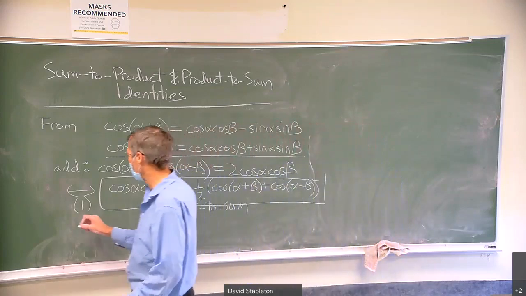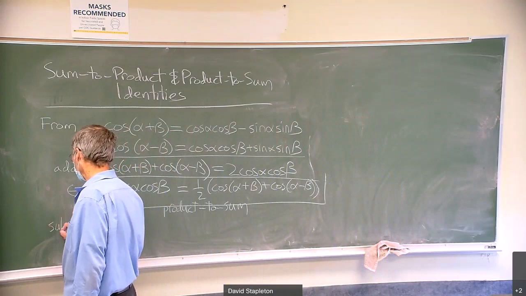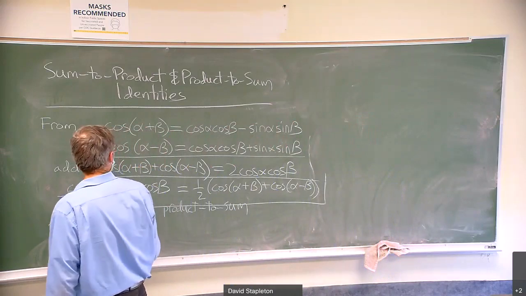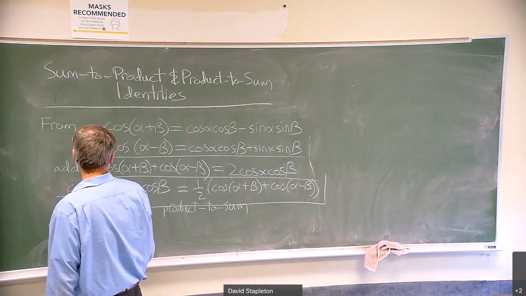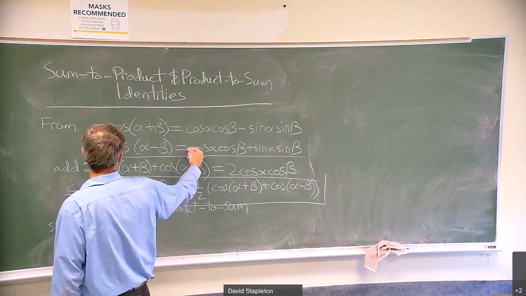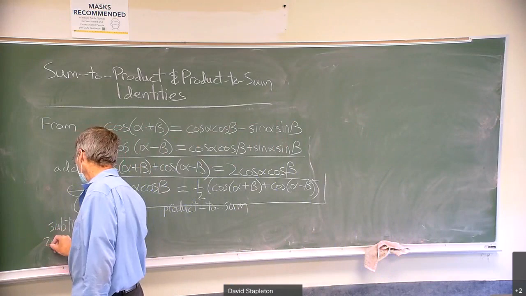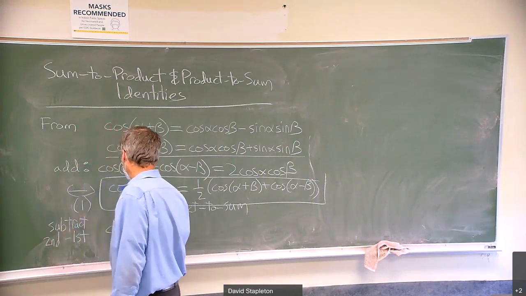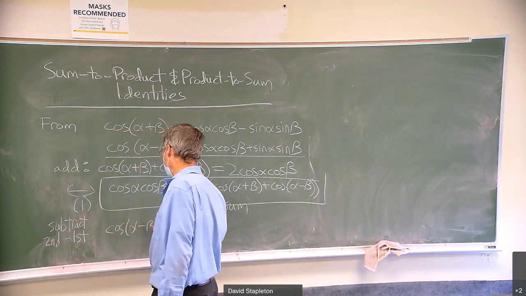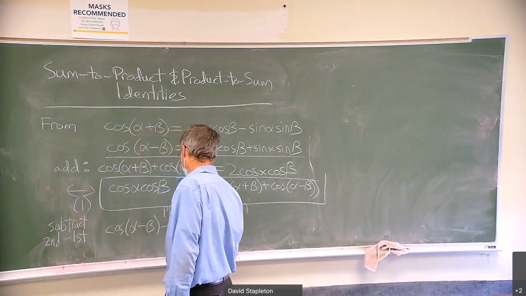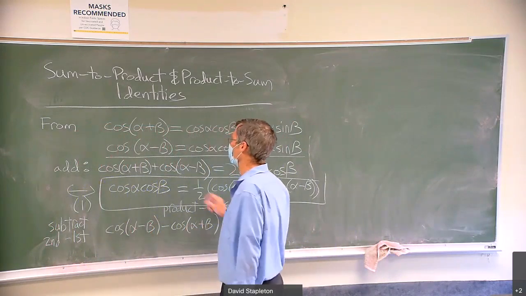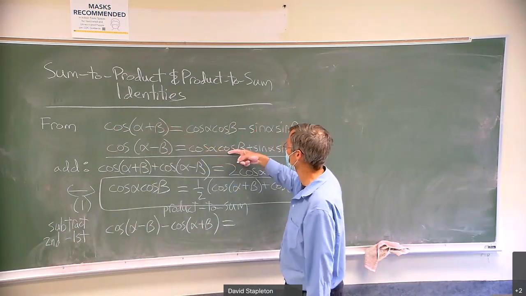Similarly, we can now subtract those two. Let's take the second one minus the first. Then I'll take cosine of alpha minus beta less cosine of alpha plus beta on the left-hand side, right? This one minus this one is equal to this one minus this one.